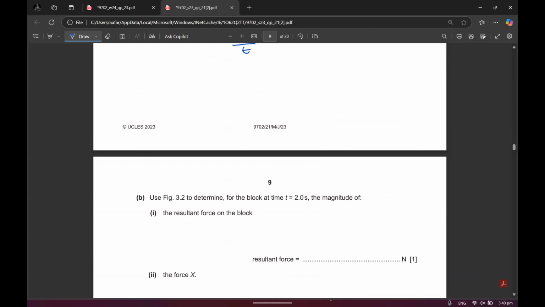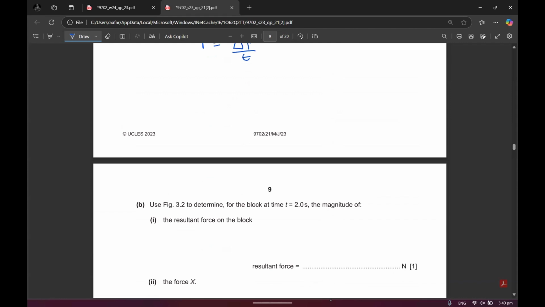Use figure 3.2 to determine, for the block at time t equal to 2 seconds, the magnitude of the resultant force on the block.